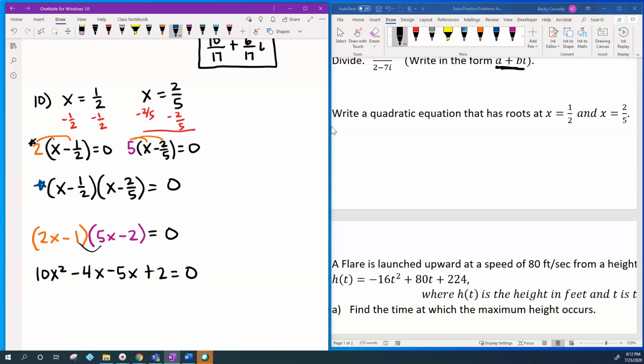Do I have to get a common denominator? You don't have to worry about any of that stuff. So we get 10x squared minus 9x plus 2 equals 0. And that would be the equation that has these two roots, x equals 1/2 and x equals 2/5.